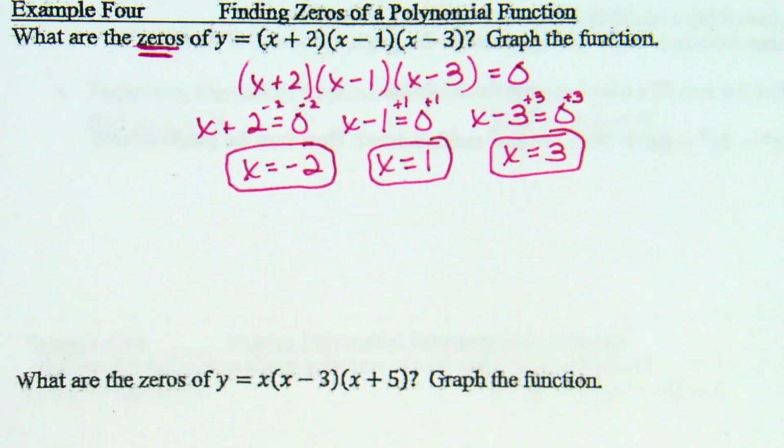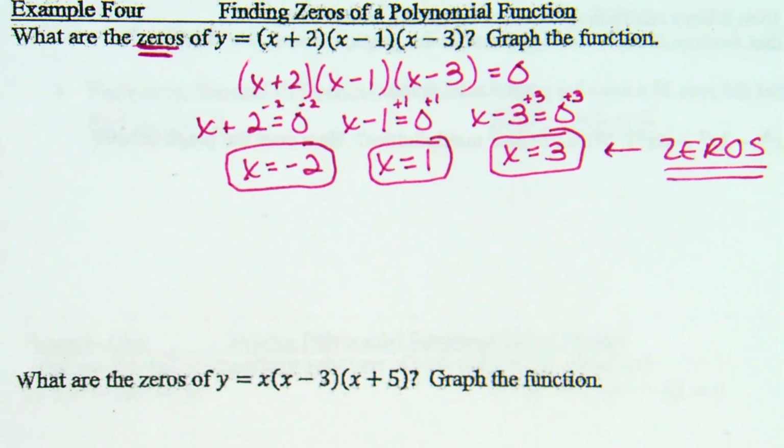What did I just find? The zeros. Yes, they're my solutions, but they're my zeros. Now, notice when I was giving you words off to the right, I said zeros are the same thing as x-intercepts.